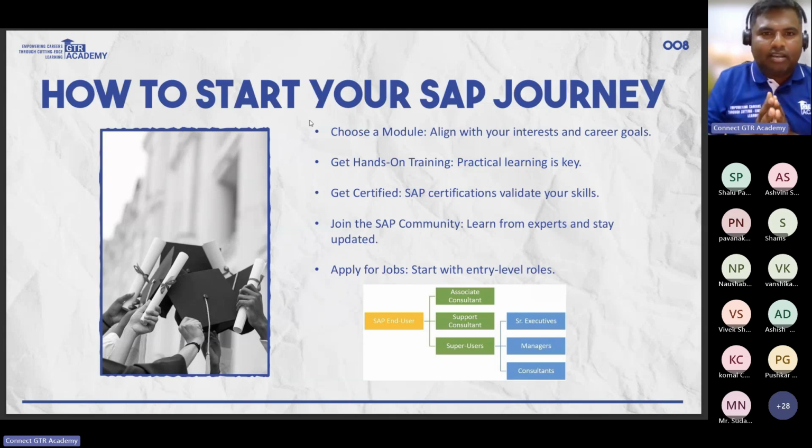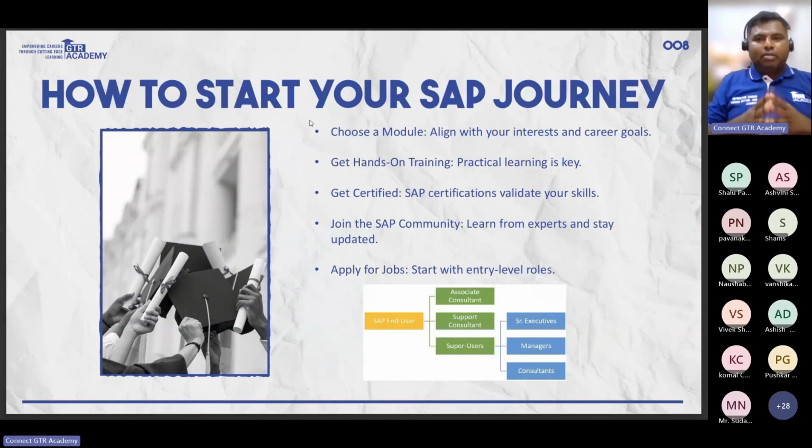Now I need to get into the functional side, so I will opt for SAP Material Management, so that I can work in procurement and inventory, which plays a very important role in contributing profit for an industry. In that way, I will opt for Material Management.